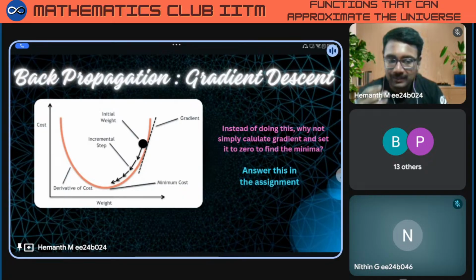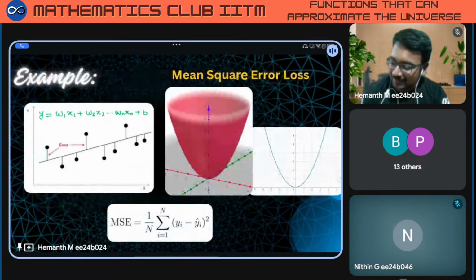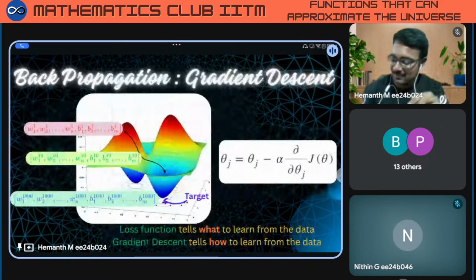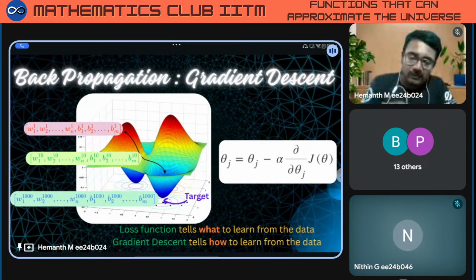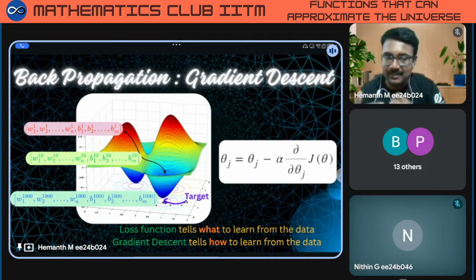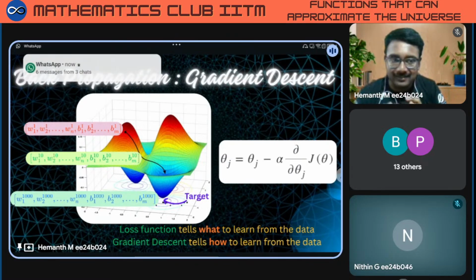So why don't we do the same thing here? Why are we taking this convoluted step of moving along this loss function, taking some large number of steps, one after the other? Why do we do a forward pass, calculate loss, then update, and then do the same thing again and again? Why do we do it iteratively?